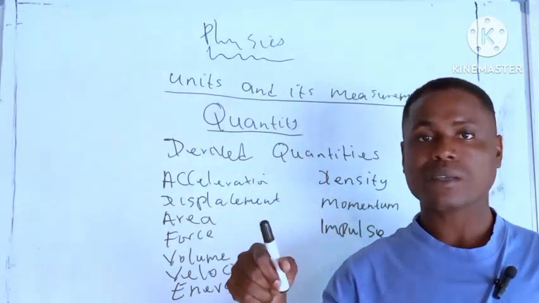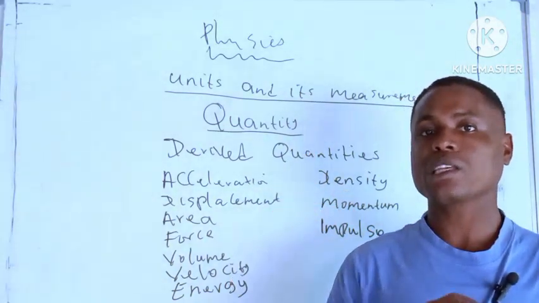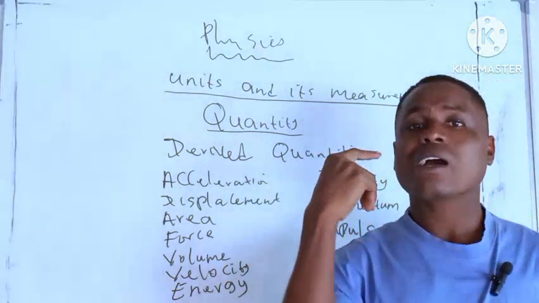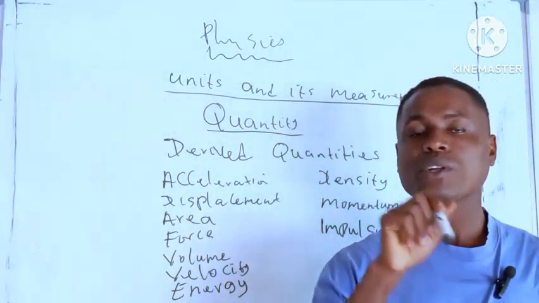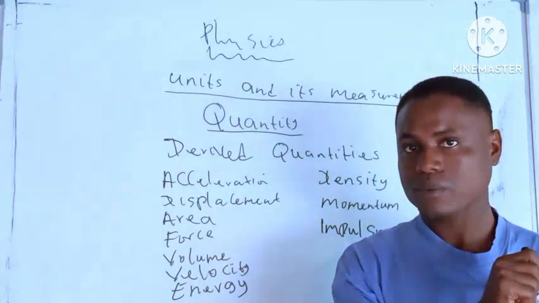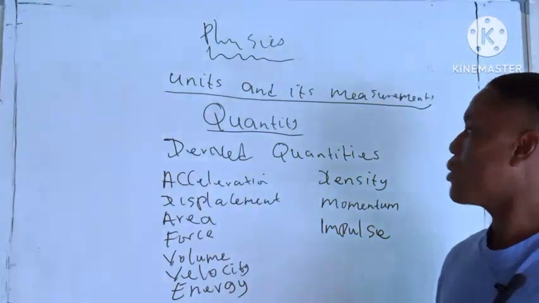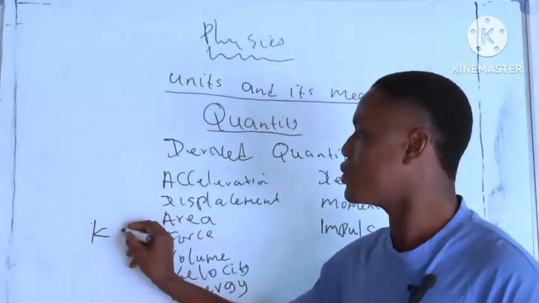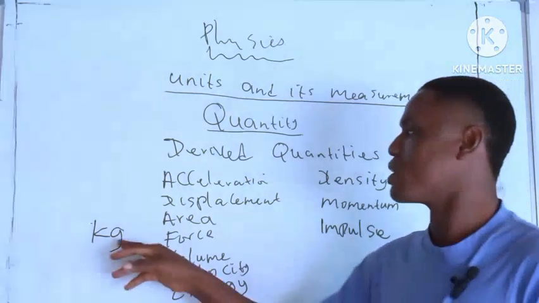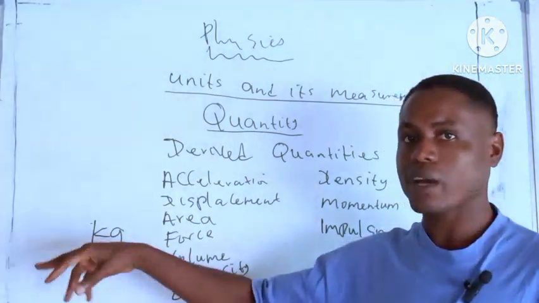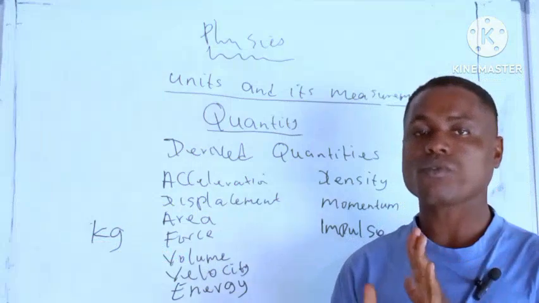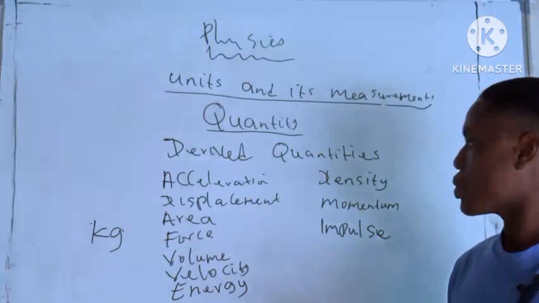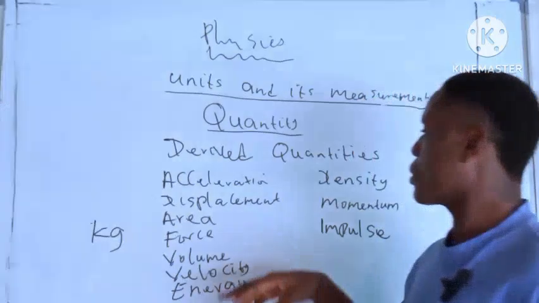Which is measured in meter. If it's mass, it will be in kilogram. So that someone can easily identify that you are measuring this particular quantity. For example, if you write kg, I will notice that this kg signifies mass, right? So you have to note the units of both the fundamental quantities and the derived quantities. So, okay, let's continue.